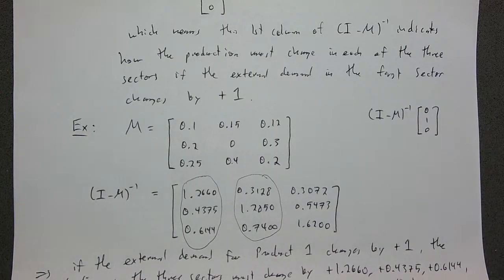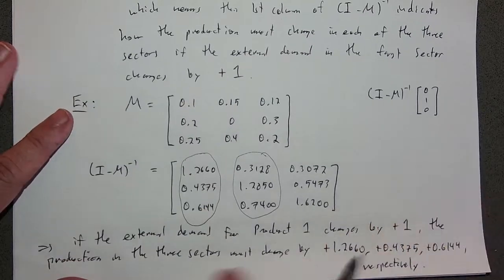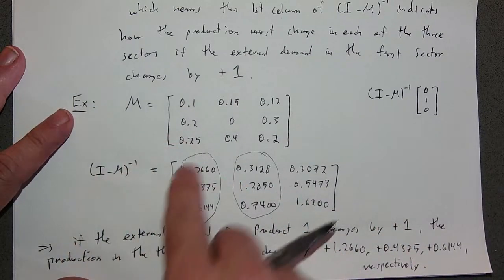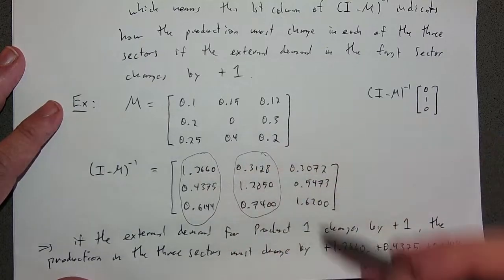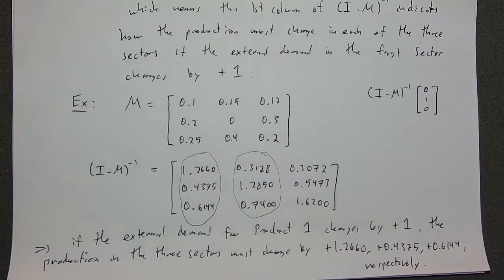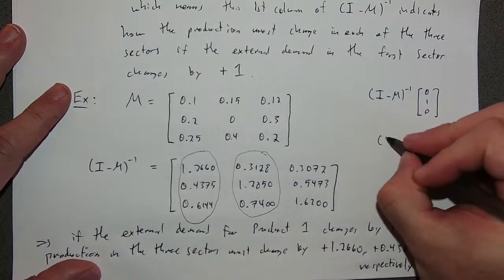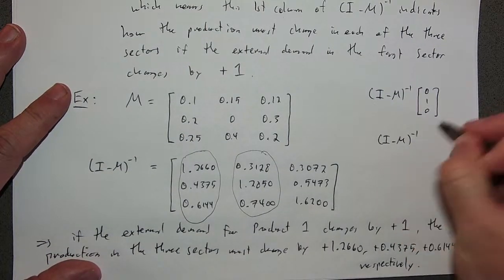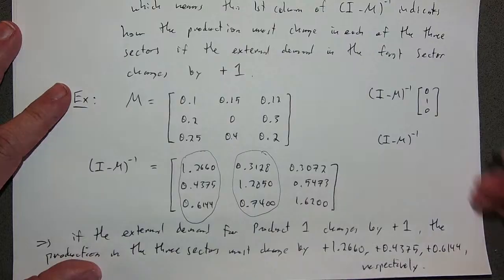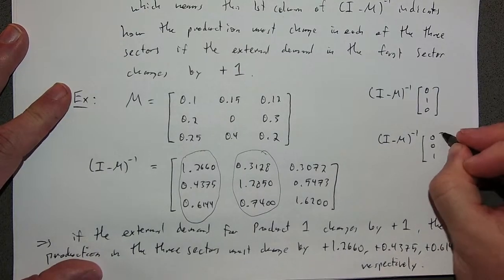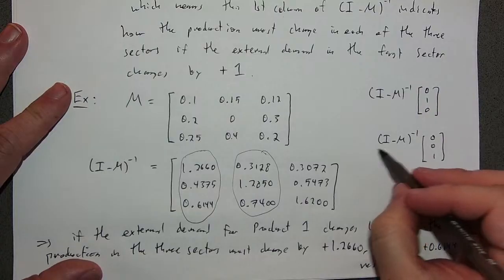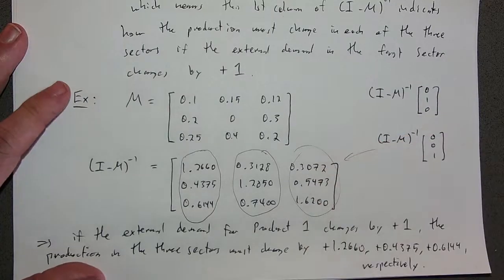To interpret what's going on with the entries, I don't have to focus on a single column. Each of the columns tells a slightly different story. The third column is how production must increase in each sector if the external demand for product 3 increases by 1 unit. That picks out the last column.